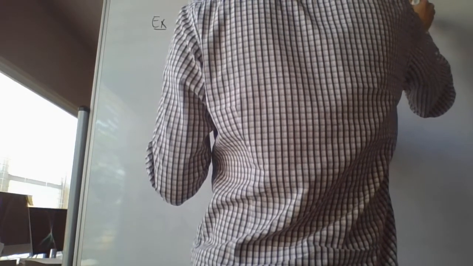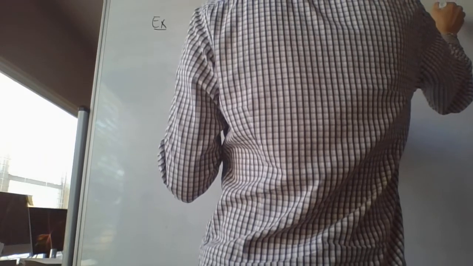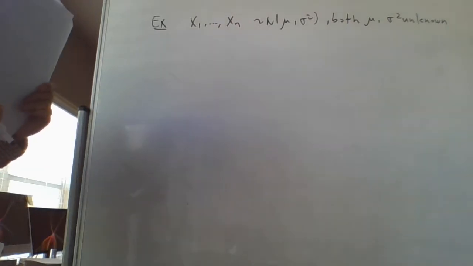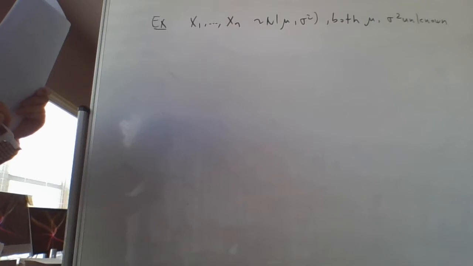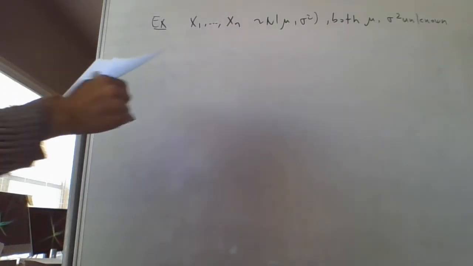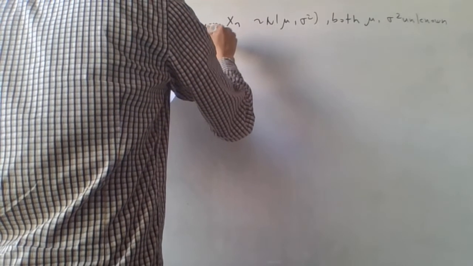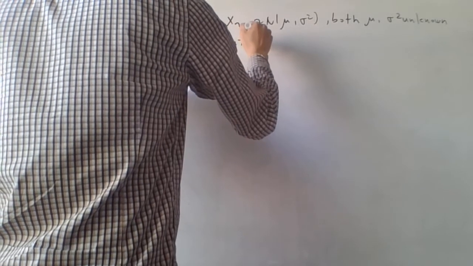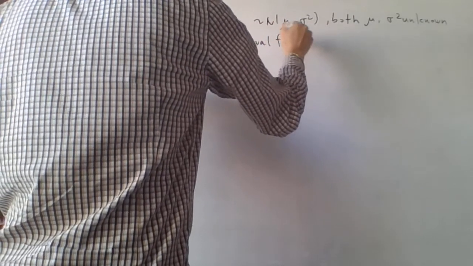So next example, still we have a normal random sample, and mu and sigma square both unknown. Now we are to find an interval for sigma square.